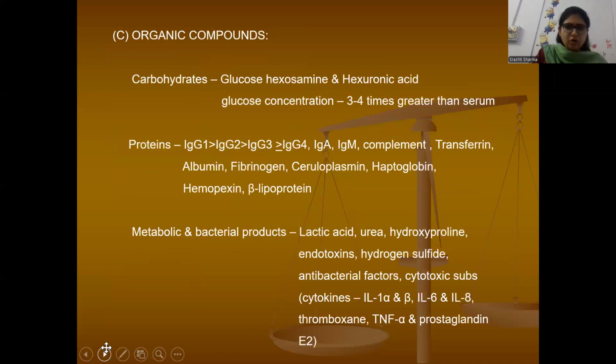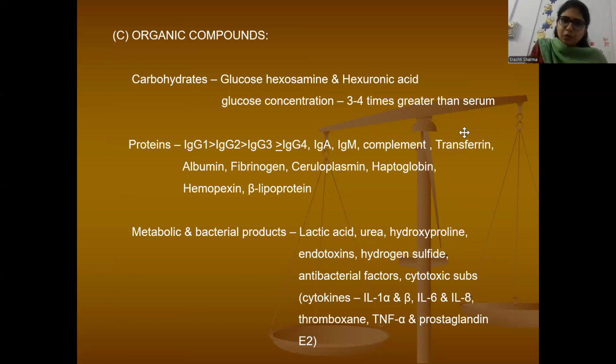Then come the organic compounds. Carbohydrates: glucose, hexosamine, and hexuronic acid. Glucose concentration is 3 to 4 times greater than serum. Proteins: IgG1 is more in number than IgG2, than IgG3, which is equal to IgG4, IgA, IgM, complements, transferrin, albumin, fibrinogen, ceruloplasmin, haptoglobin, hemopexin, and beta lipoprotein.